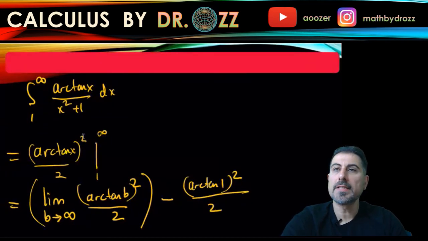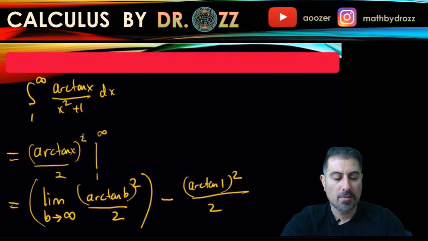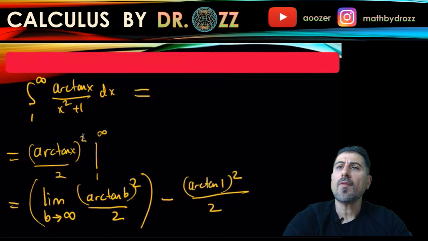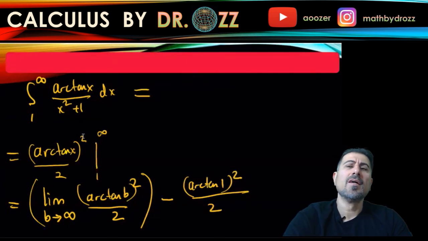All right, so you can now think about this limit. Let me just continue from here. So arctan infinity squared over 2. So arctan for very large values of b. So then you can think about whose tangent is infinity.